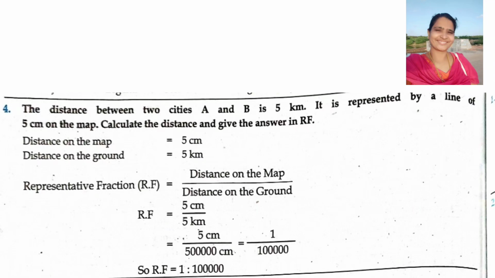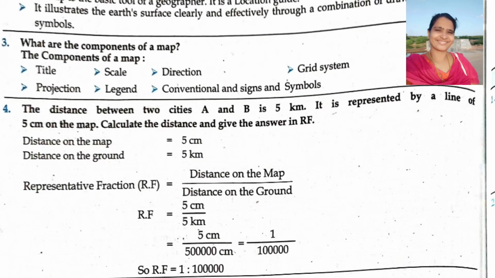So representative fraction, RF, is distance on the map divided by distance on the ground. So RF is 5 centimeter by 5 kilometer. So 5 centimeter by 5 lakh centimeter. It means 1 by 1 lakh. So the representative fraction is 1:1 lakh. Fine, children? Okay.